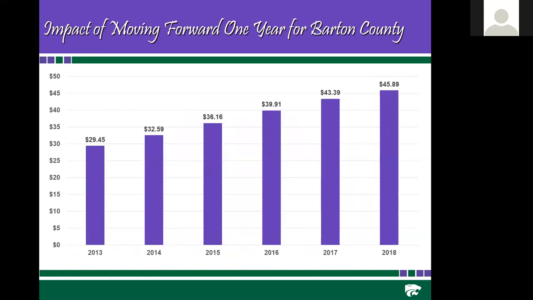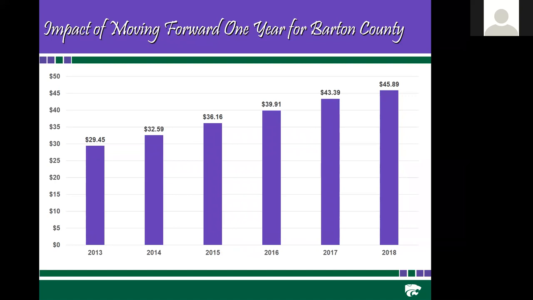And so what this ends up doing is I've graphed this in terms of the LNI, the average LNI that is used to set property taxes. And then for example, in 2013, that number was 29.45. And so if you had more productive land, your number would be more than 29.45 based on that productivity.